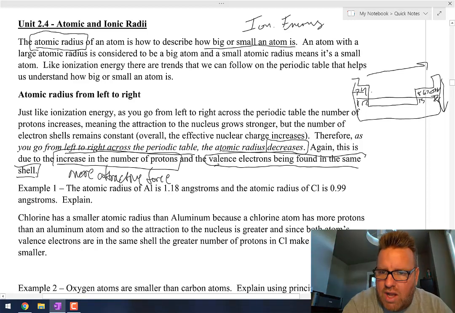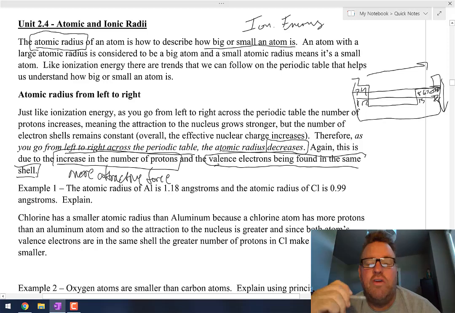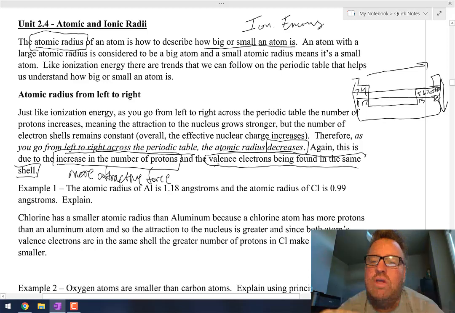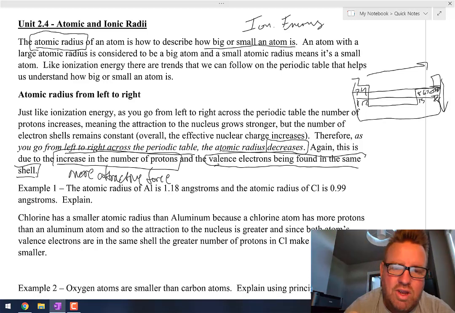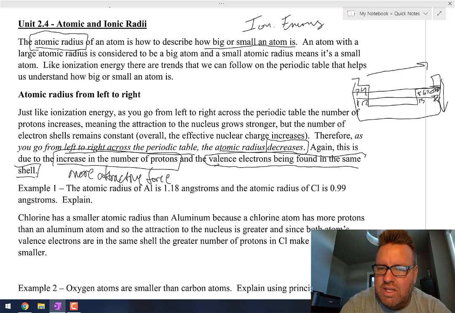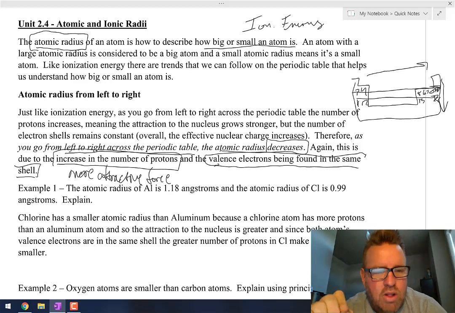Anytime you go across the periodic table, you're staying in that same shell. So the number of protons is the more important factor here. As you go across the periodic table, atoms get smaller. They get smaller because there is more protons as you move across the periodic table, yet the valence electrons are all staying in the same shell.